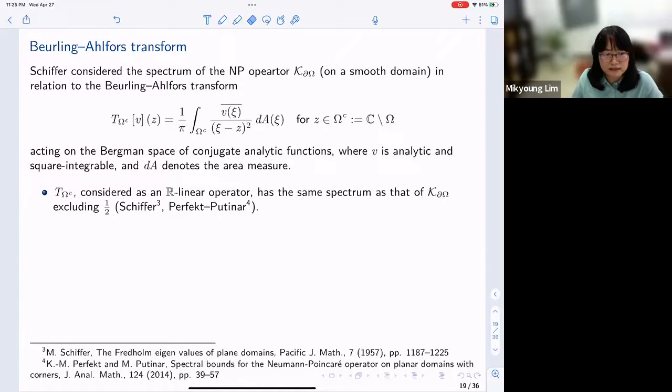So V is analytic square integrable, and we take V conjugate and then divide by (psi minus z) squared and take the integral. And considered as a linear operator, this transform has the same spectrum as that of the Neumann-Poincare operator. So this was obtained by Shapiro and Putinar recently for a more general setup.